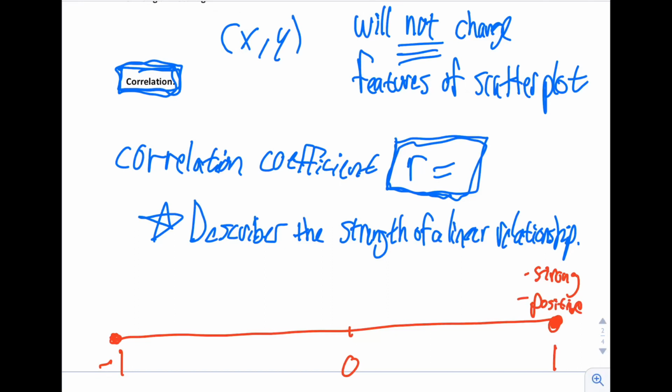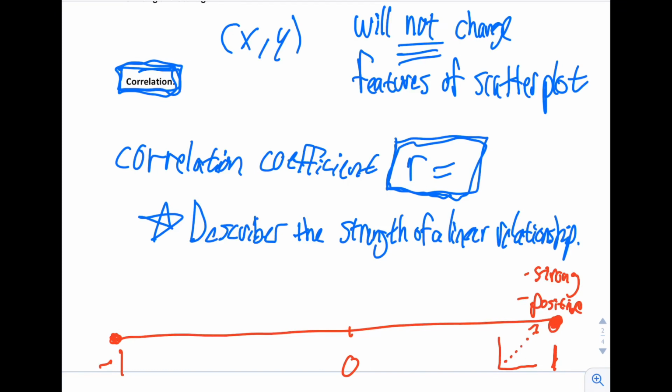What would that look like? If it was exactly 1, the scatter plot would resemble an exact line in the positive direction. So with an r value of +1, it's really strong and it's positive.